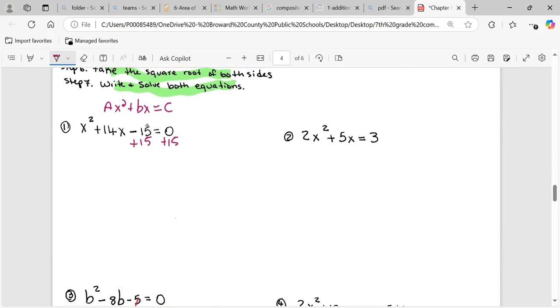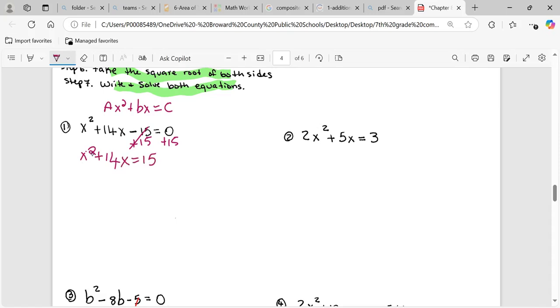When I add 15 on both sides, I get x squared plus 14x is equal to 15.